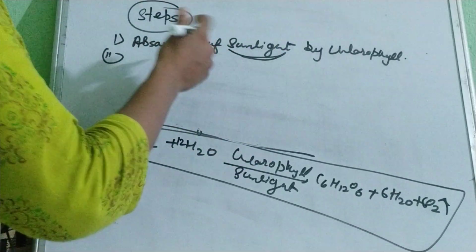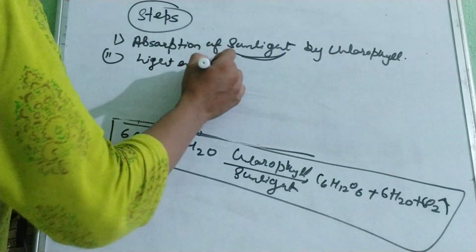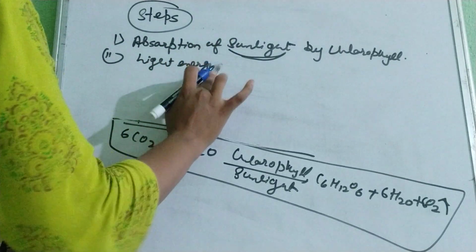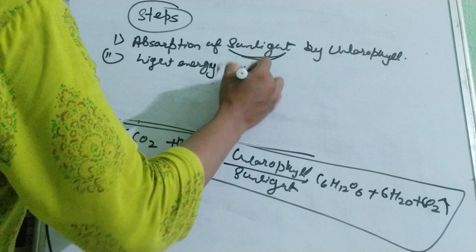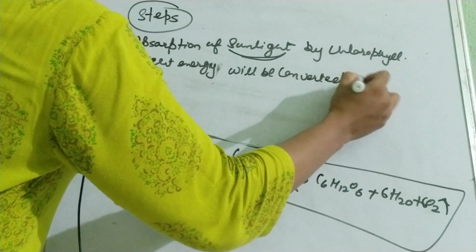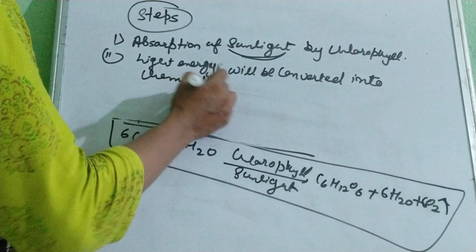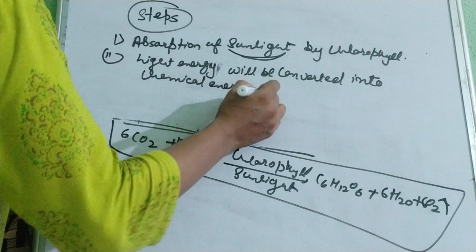So you will write that the light energy will be converted into chemical energy. Clear?